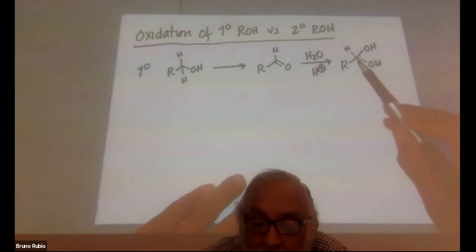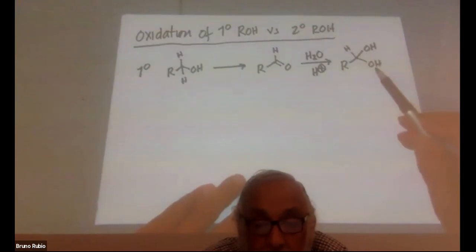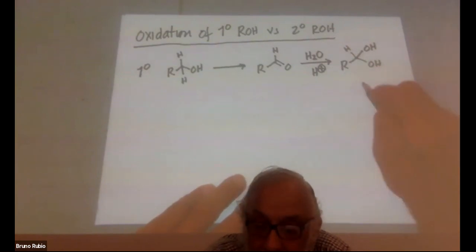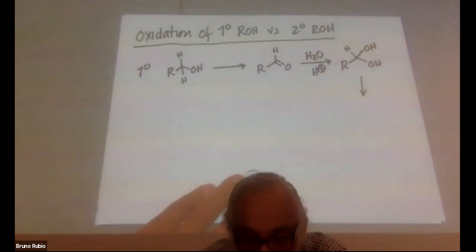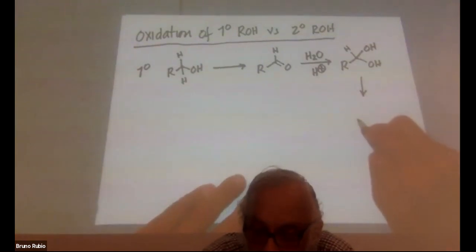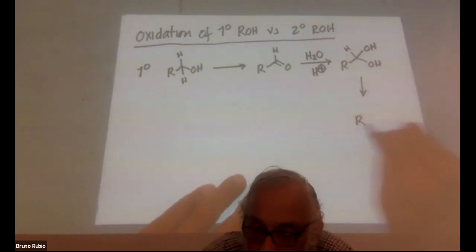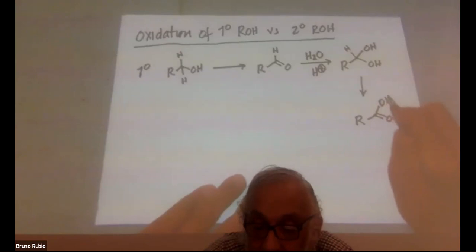And now the carbon atom that bears the OH group still has a proton on it, and so this undergoes yet another cycle of Jones oxidation to make a carboxylic acid.